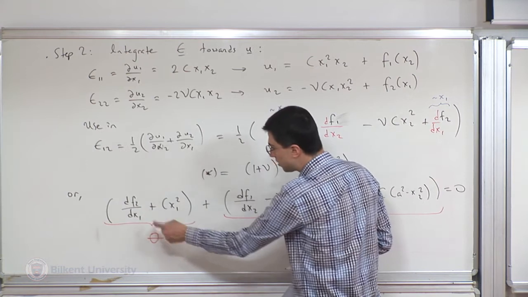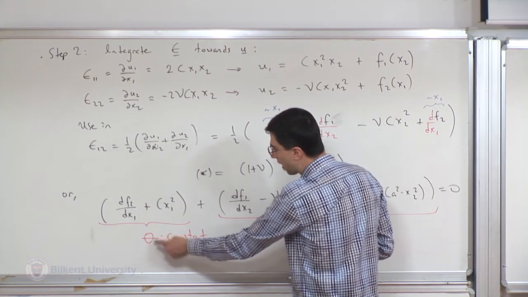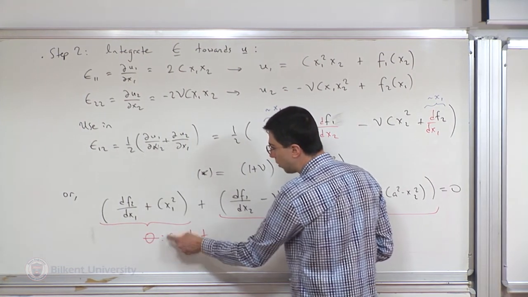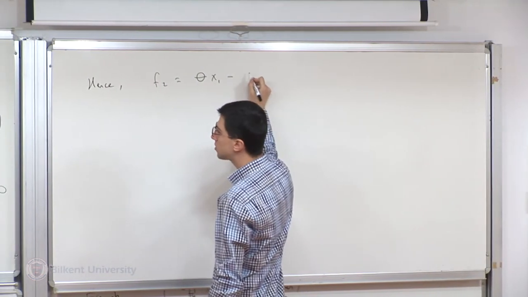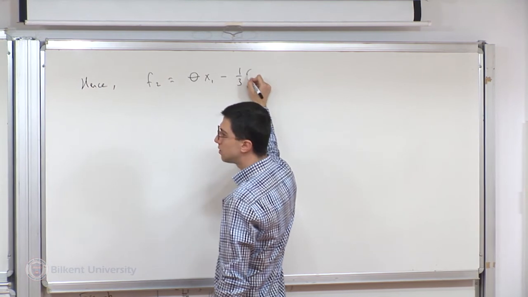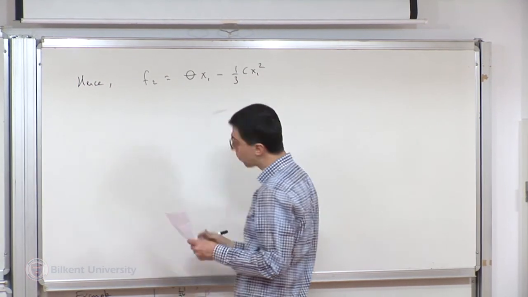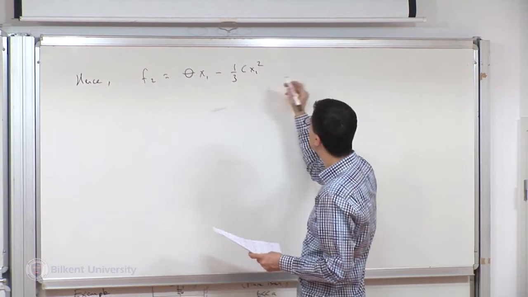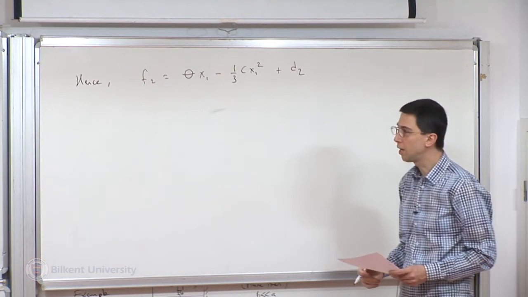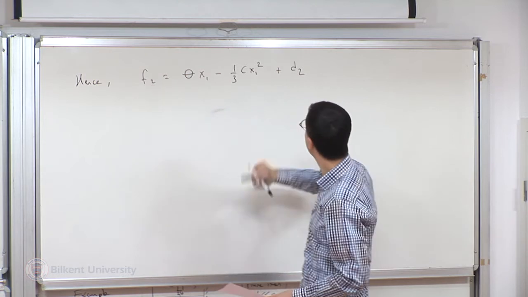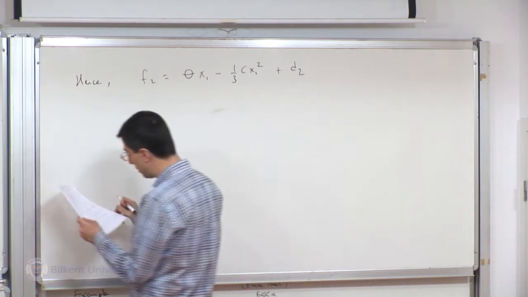This is equal to theta. So F2 is equal to theta x1 minus 1 over 3 c x1 cubed plus some constant, another constant of integration, d2. Okay? I'm dealing with F2, so I wrote here d2.